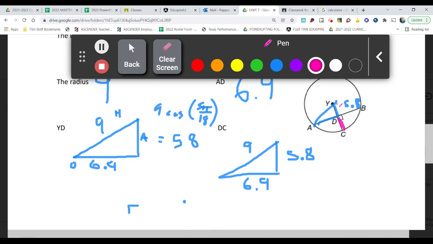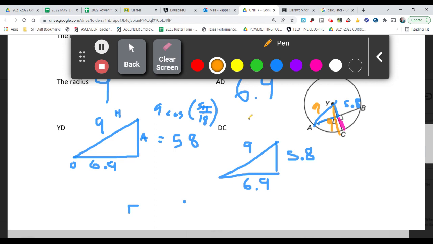But okay, so we know what YD is, 5.8. And I think maybe, do we know what YC is? It's 9. Yeah, it's the radius, right? So this radius from Y to A is 9. Well, this radius from Y to C is 9. So all we got to do to find DC, now that we know this, is do what?